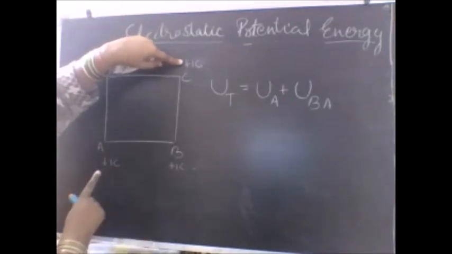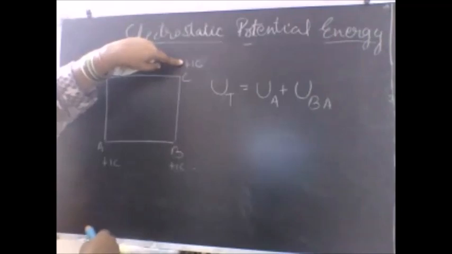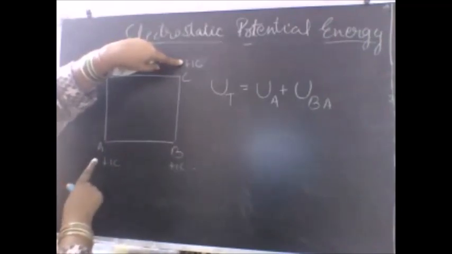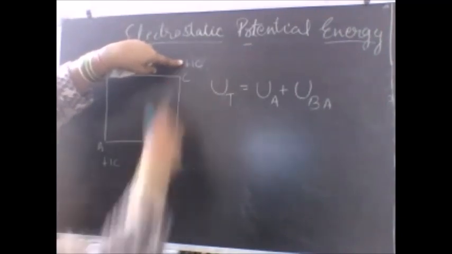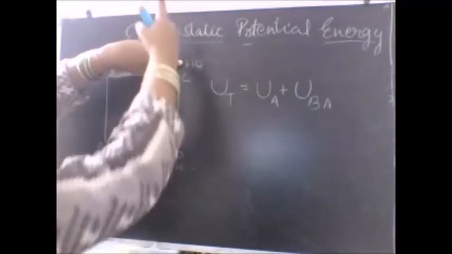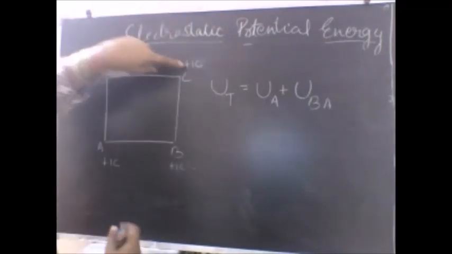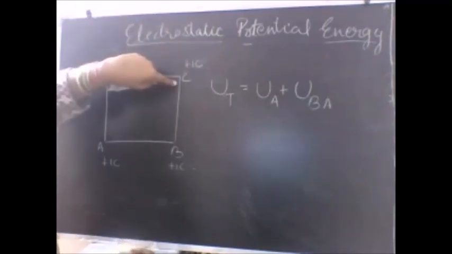A is also repelling this charge. I need to do some effort against the electrostatic repulsive force exerted by A, and B also is exerting some force here, which is again the repulsive force. That means it will have a tendency to move in this direction. So I need to do some effort to hold the plus 1 coulomb charge here at the point C.